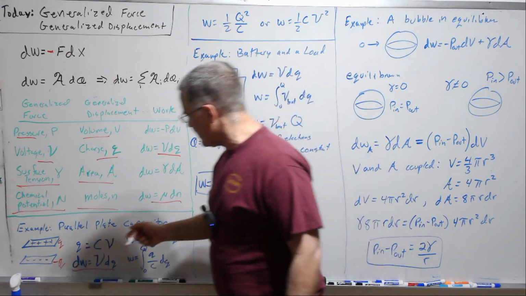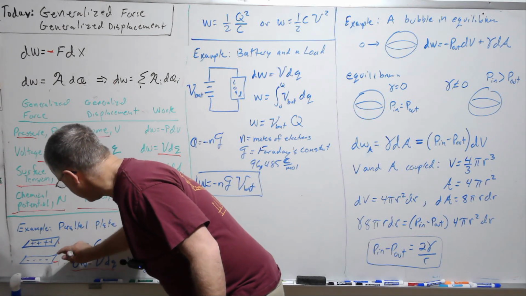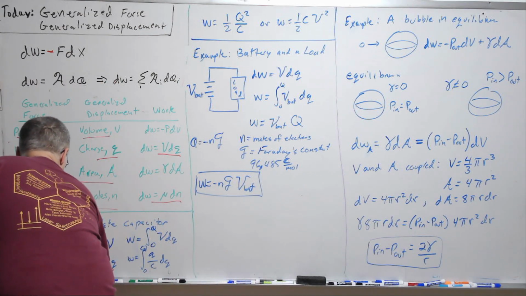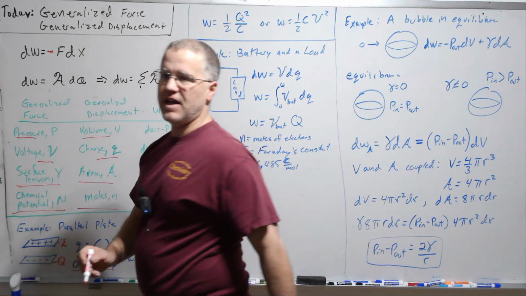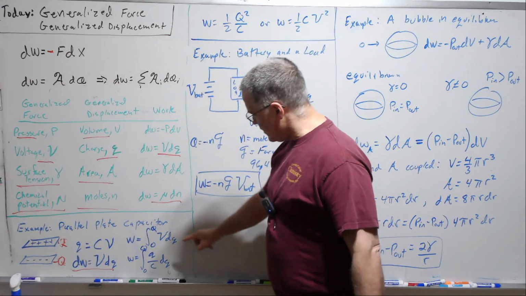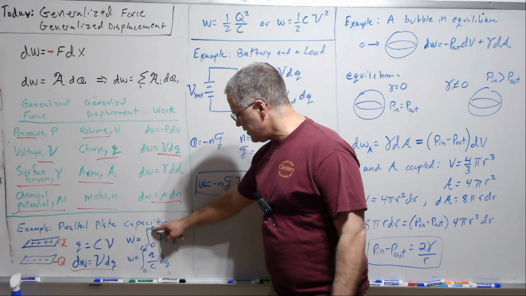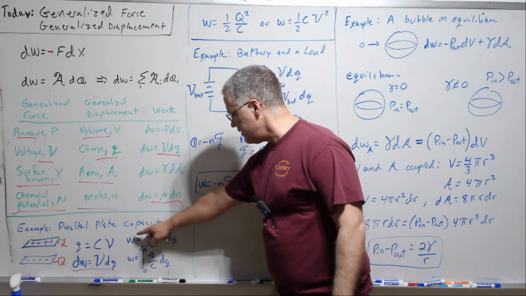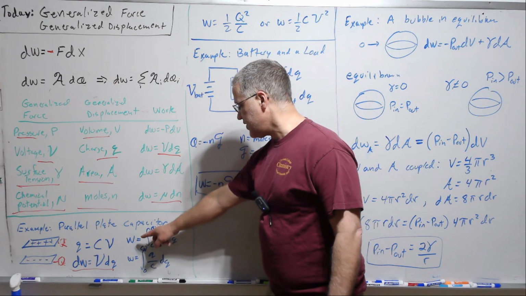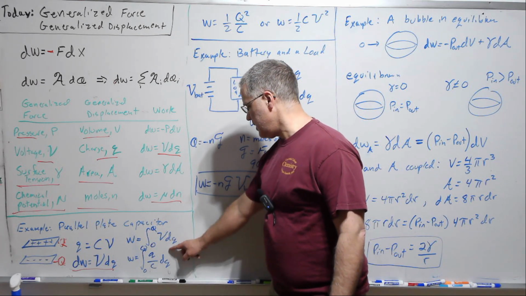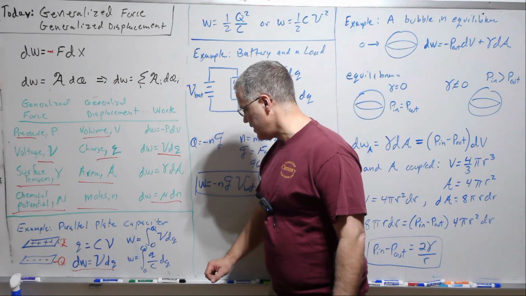And so let's actually instead here, let's get our Q's separated. So we'll say we're going to charge up to a value of big Q. So we're going to integrate up from 0 to big Q of this generalized force, generalized displacement to give us our total work. And there's the work there.